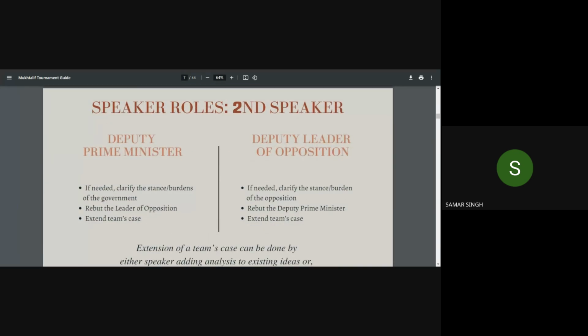The Deputy Prime Minister can come and say that no, that is not our burden, but rather our burden is what the Prime Minister said, and give the reasons why they believe so, why the opposition's perspective of burden is not true. I hope that makes sense. It's something like allegations or preposterous statements passed by the other team.